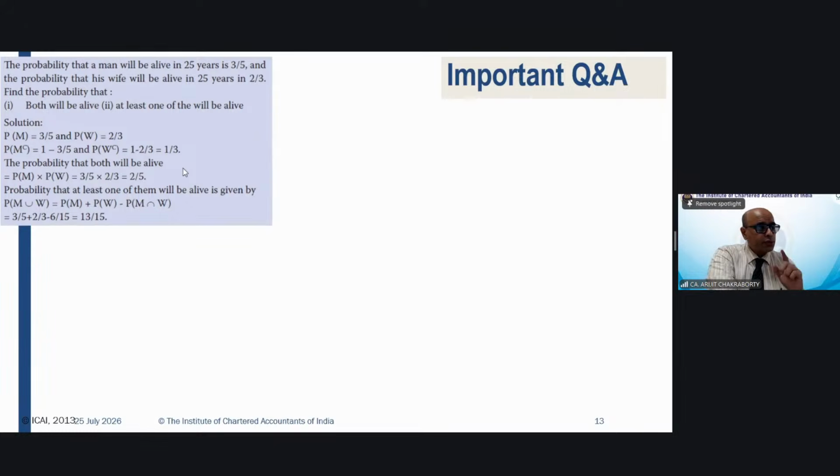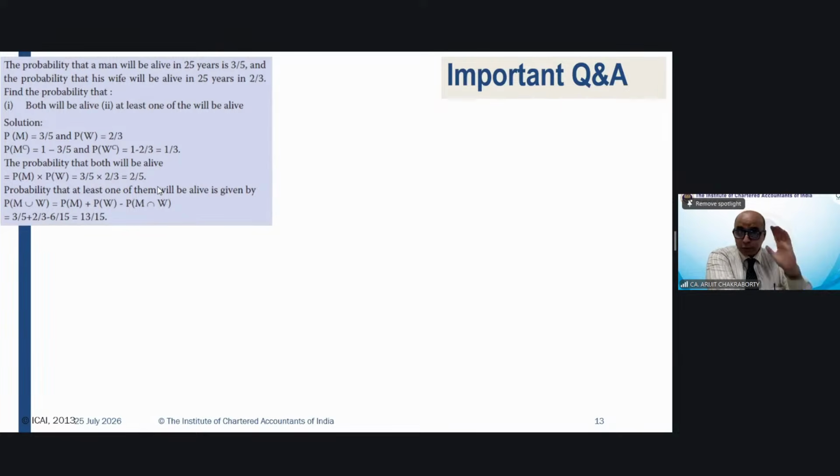So now we answer the first part. What is the probability that both will be alive? Both being alive means these are independent events, so simply it's a product of two individual probabilities. Probability of the man living 25 years is 3 by 5, probability of the wife living 25 years is 2 by 3. Why?